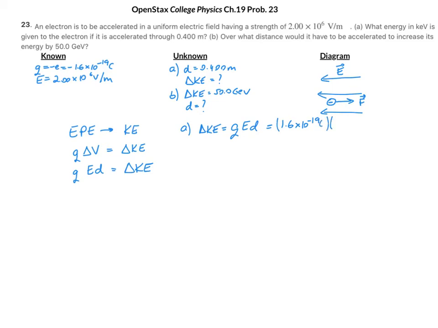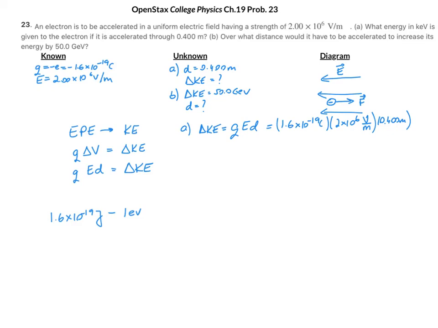Electric field is 2 times 10 to the 6th volts per meter, and the distance is 0.400 meters, and this would give us the answer in joules, but we want the answers in electron volts, so we know that 1.6 times 10 to the negative 19 joules correspond to 1 electron volt.